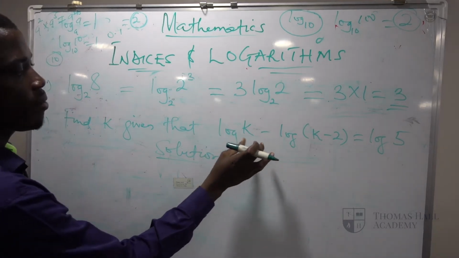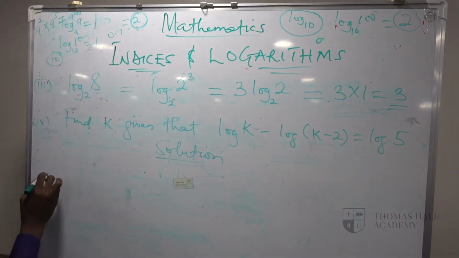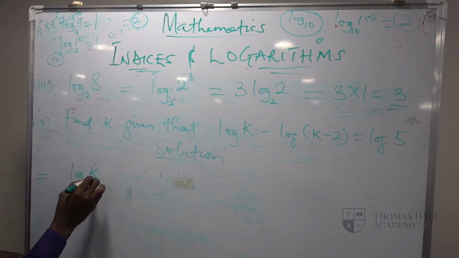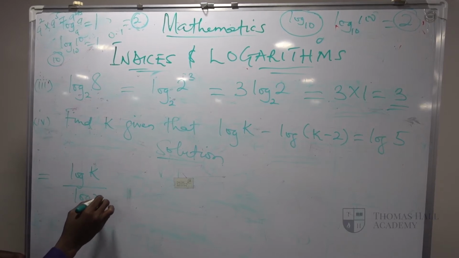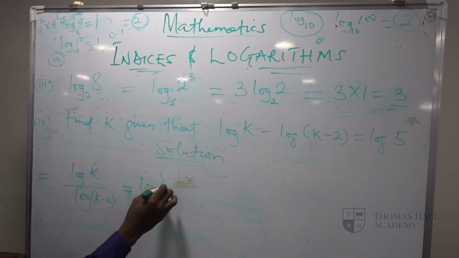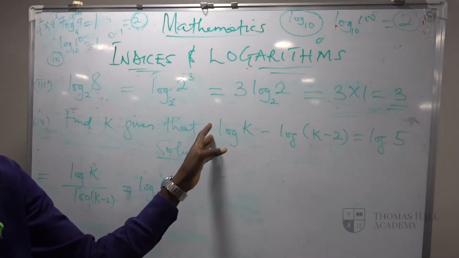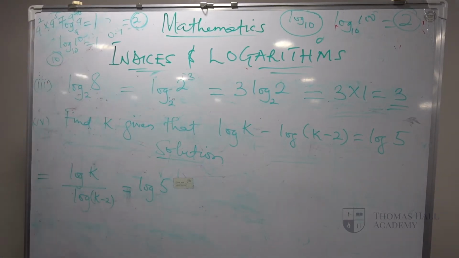Log k minus log k minus 2 equals log 5. This means log k divided by log k minus 2 equals log 5. Because of this minus sign separating these two logarithms, we divide, just like we learned from the rule of indices.